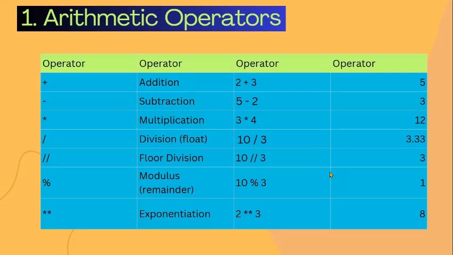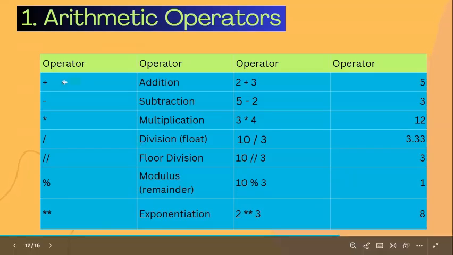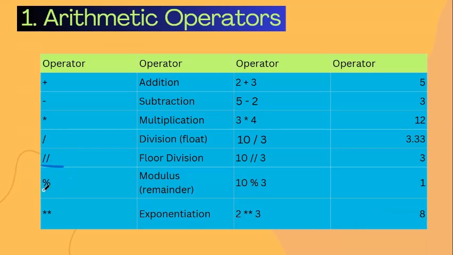So first we have arithmetic operators: plus, minus, addition, subtraction, multiplication. This is the sign of division. Till here we know what these are, but after this we don't know. Like we have floor division. In floor division, the decimal value will not be printed.